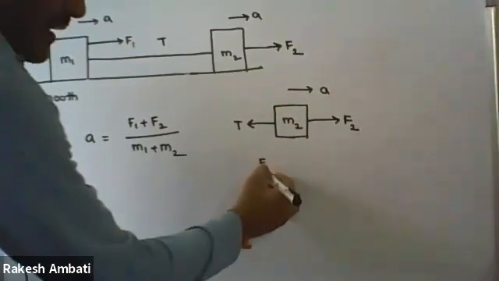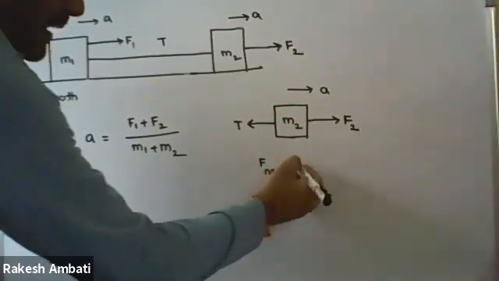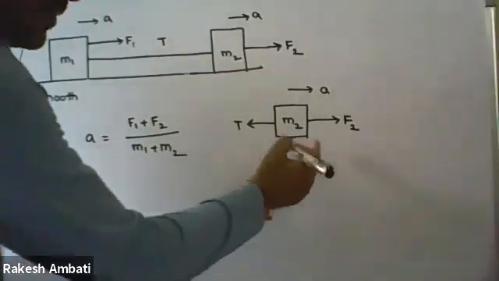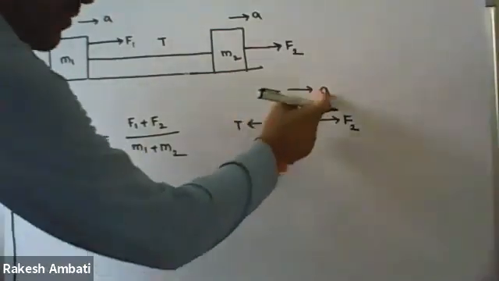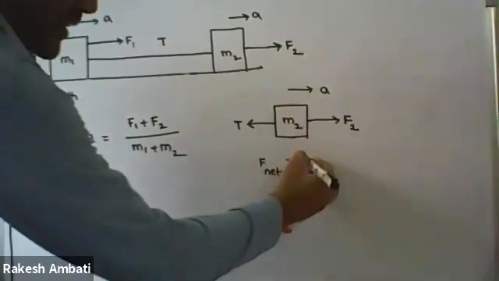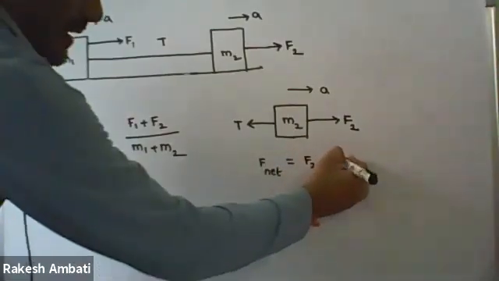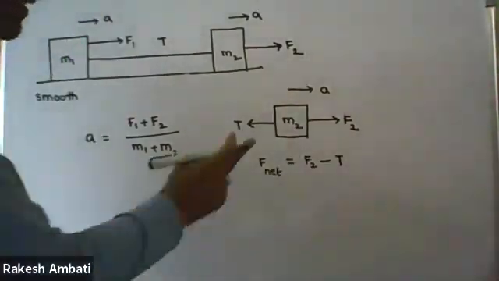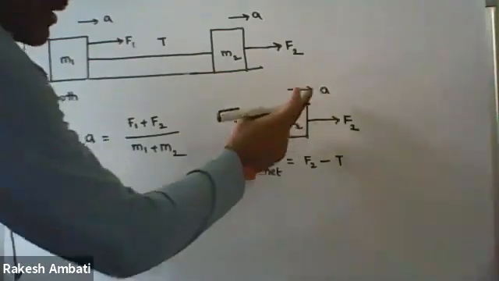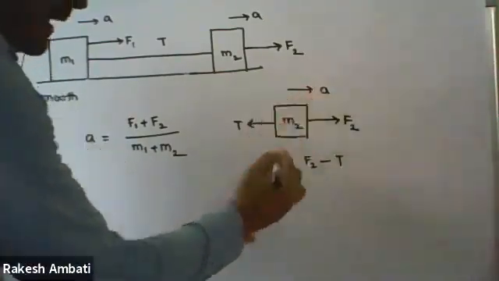Therefore, I am writing the resultant force dynamic equation. Along the direction of motion, F2 minus T equals resultant force, which is mass into acceleration.